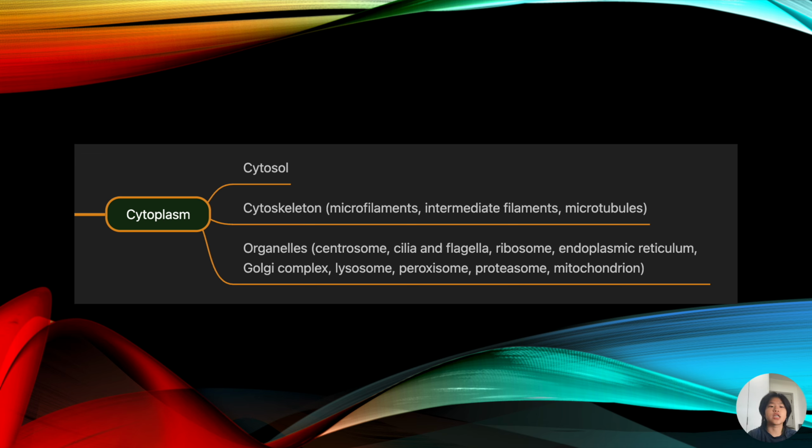Then we have our Golgi complex. After all our different molecules, our proteins and fatty acids, are made, they need to be sent to the places where they're needed. They need to be sorted. So the Golgi complex is basically a center of processing, sorting, packaging, and shipping out these different proteins and things.